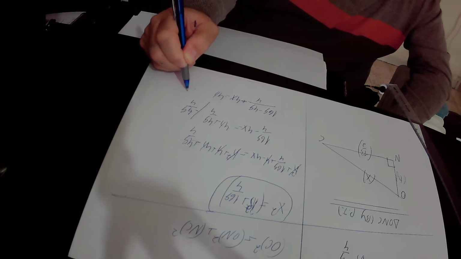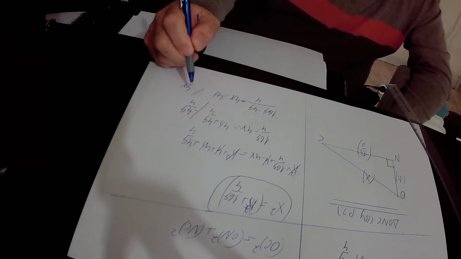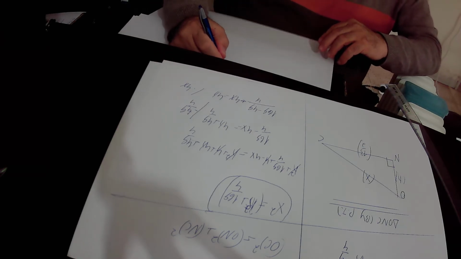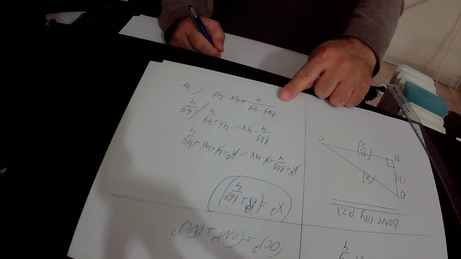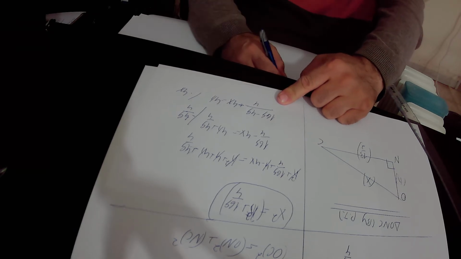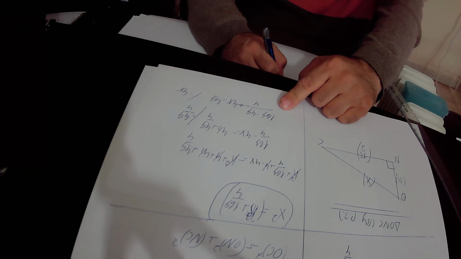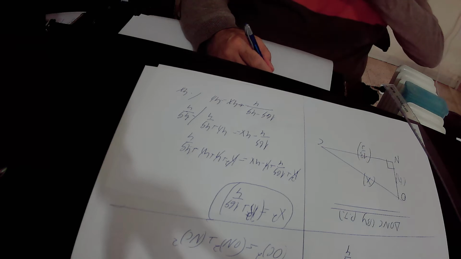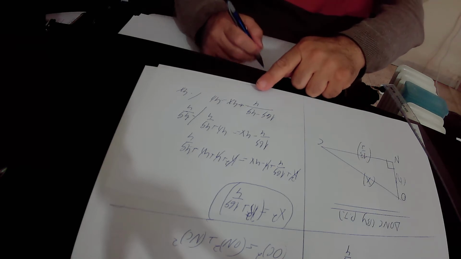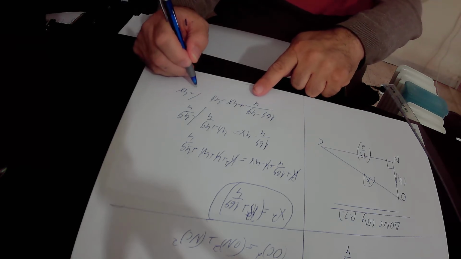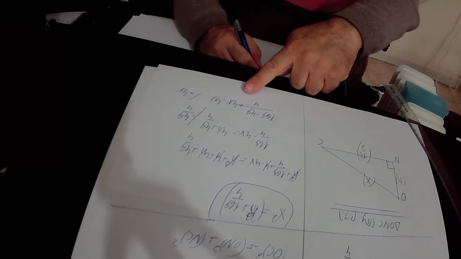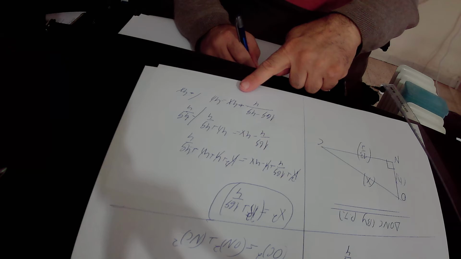We add 4x to this equation, and you get that 169 minus 49, it is 120, so in total this expression equals 120 over 4, and it equals 4x plus 4h.